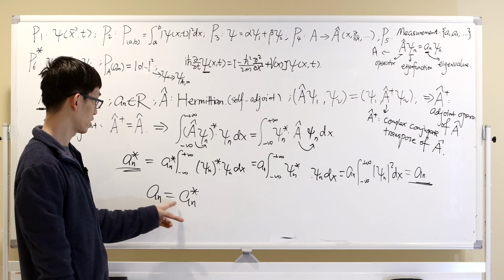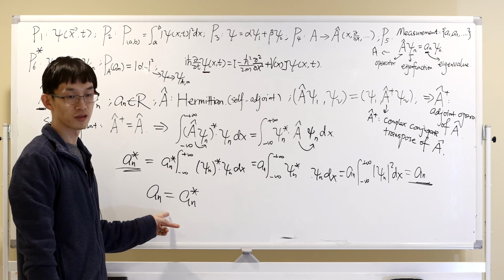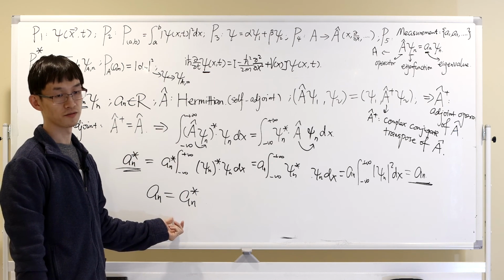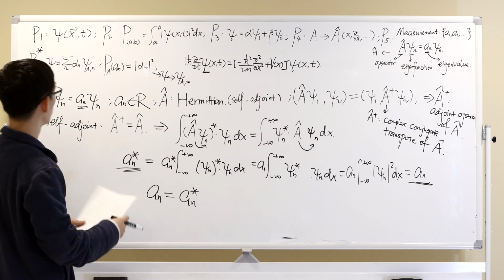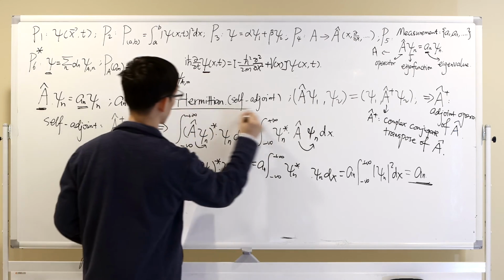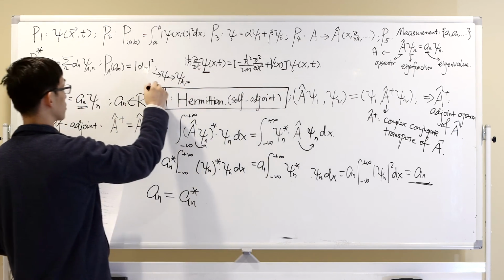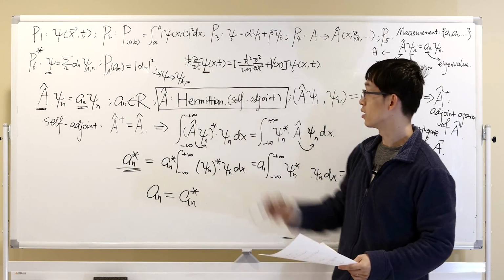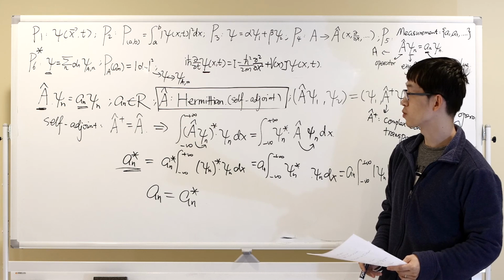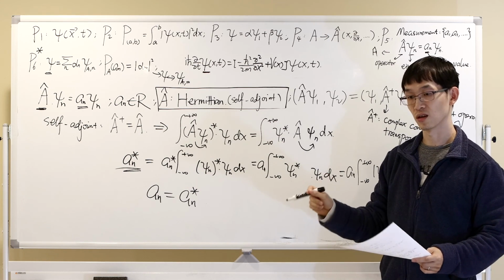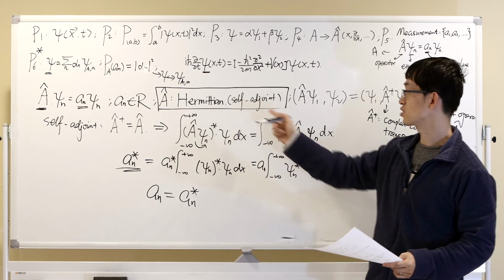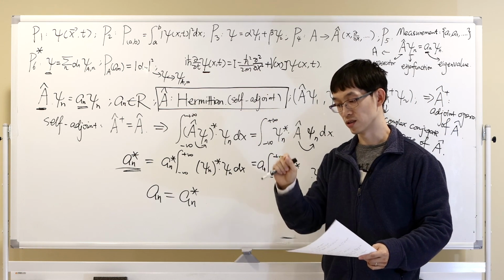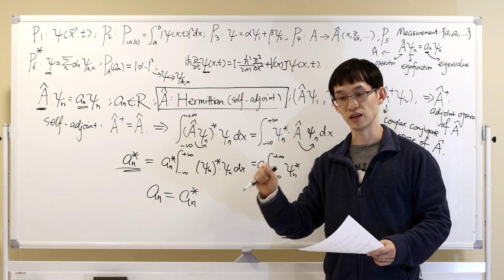This means that it has to be a real number, because only a real number has a complex conjugate equal to itself. So this is a big conclusion: all operators corresponding to measurable physical quantities have to be Hermitian, or self-adjoint. If your operator is not measurable, then it doesn't matter.